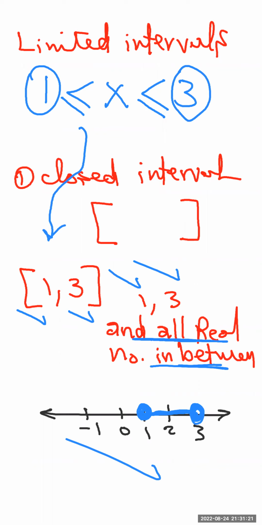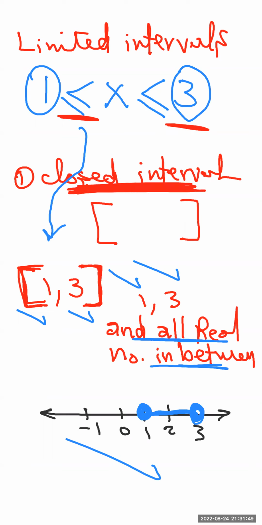It's greater than or equal to. Or equal means the element is included, so it will be closed from the side of 1. Smaller than or equal to 3 means 3 is also included in the interval, so it will be closed from that side. Now, if the interval is closed from the two sides, this means it's a closed interval. Okay?